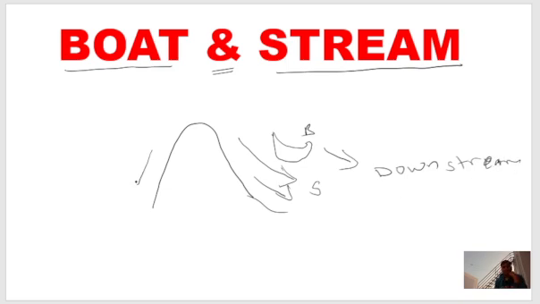And if the water is flowing downward and the boat is moving upward, then it is an upstream.